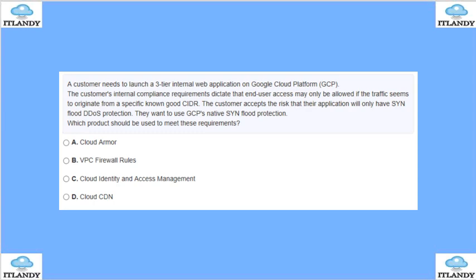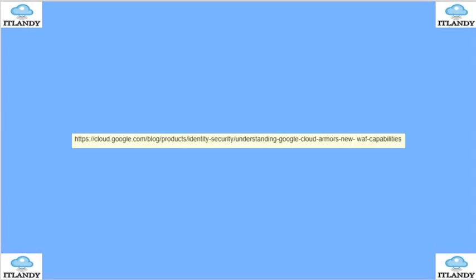They want to use GCP native SYN flood protection out of the box. What should they do? Do they use Cloud Armor, VPC rules, Cloud CDN, or Cloud Identity and Access Management? The answer is basically out of the box. I will use Cloud Armor. Here we go. You see Cloud Armor acting like a WAF for us, which will address our requirement.